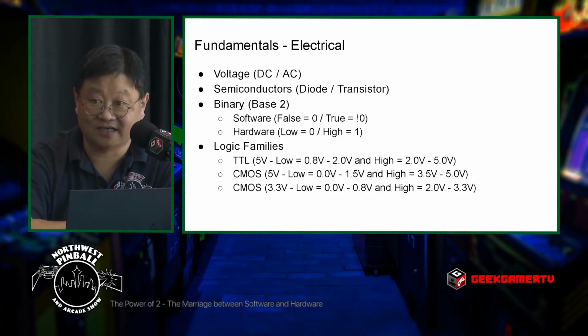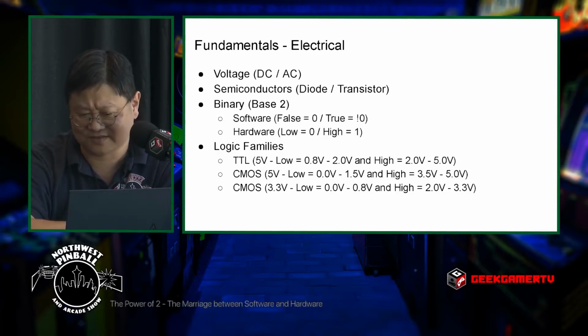You need to know a little bit about logic families, and they are not compatible with each other under certain circumstances. The most common thing you'll see in a pinball machine is TTL, transistor-to-transistor logic. It operates at 5 volts. The definition of a low signal is anywhere between 0.8 volts and 2.0 volts. The definition of a high signal is anywhere, well, that doesn't seem right, from 2 to 5.